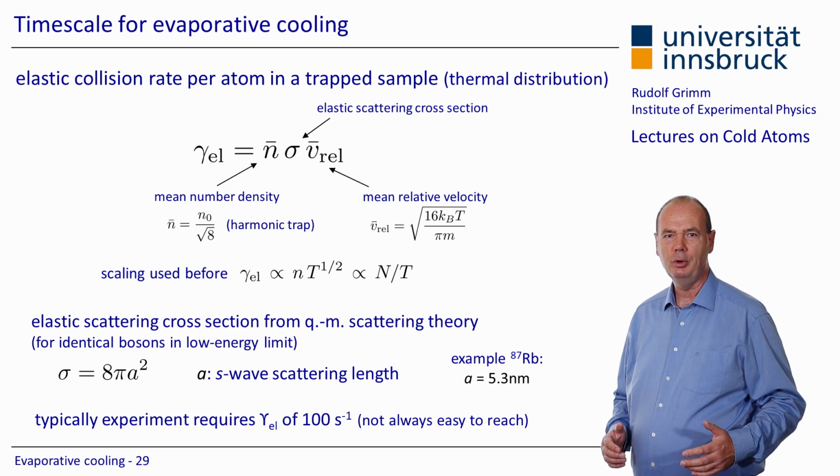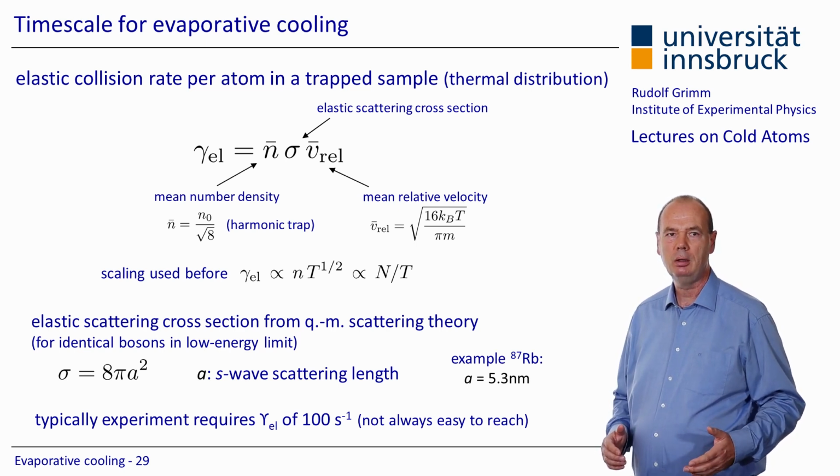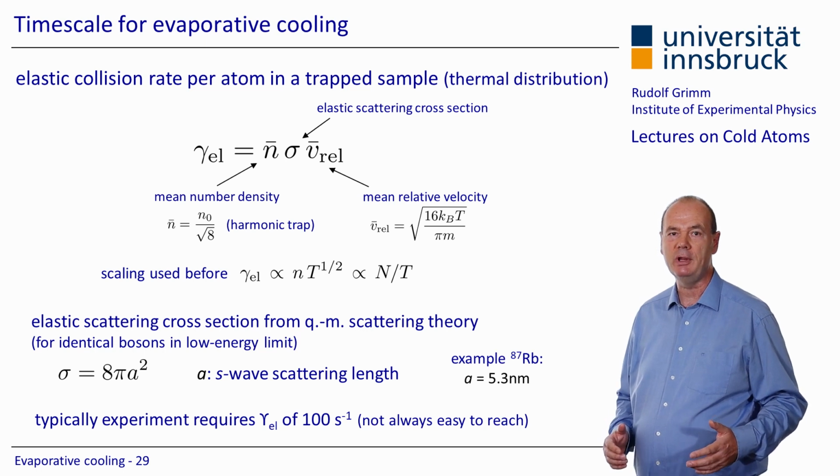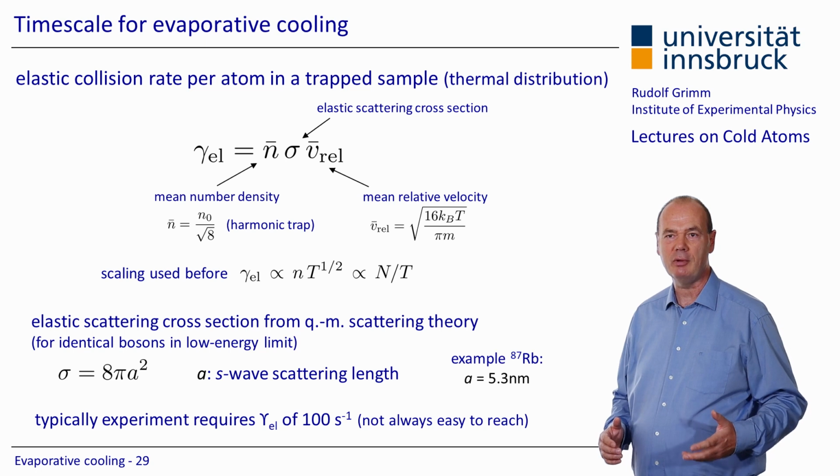Finally, I would like to note that an elastic scattering rate on the order of 100 per second is typical for evaporative cooling experiments. A sufficiently high elastic collision rate is another requirement which is not always easy to reach in real experiments.